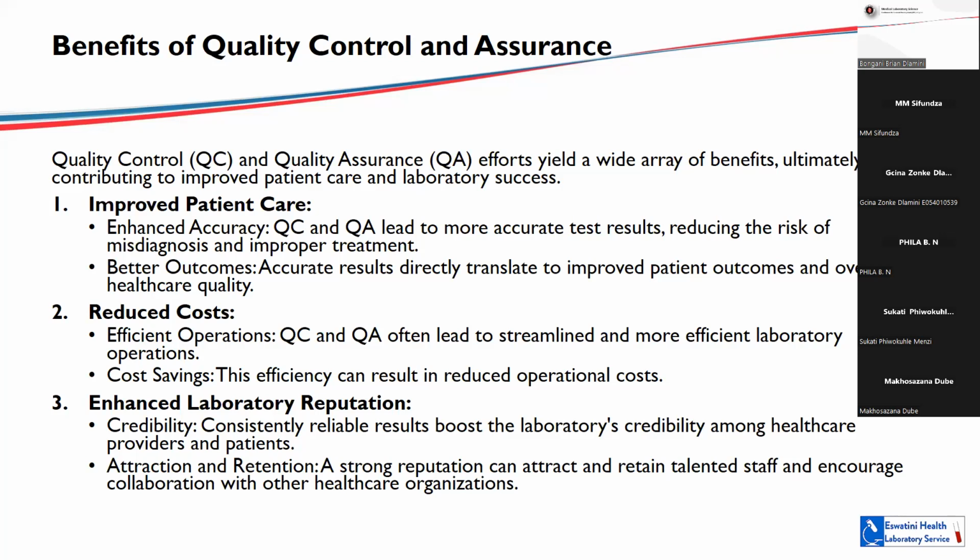Then they have to come back, do the test, and change again. So it will be costly, and it will be detrimental to the patient him or herself, or sometimes the patient can die. So better outcomes: accurate results directly translate to improved patient outcomes and overall healthcare quality.